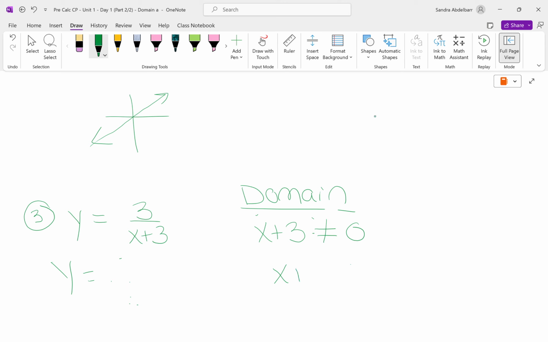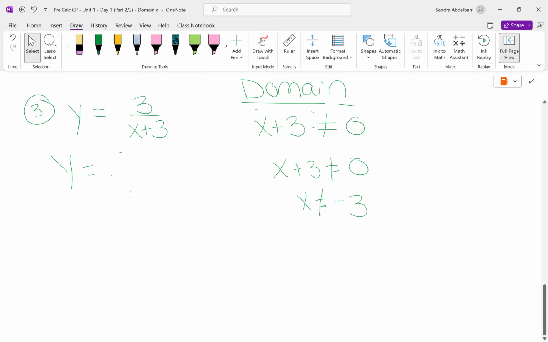Well, in what scenario will x plus 3 equal 0? When x is equal to -3. So our rule is not x equals -3. Our rule is x can not equal -3. All right, our two notations here.